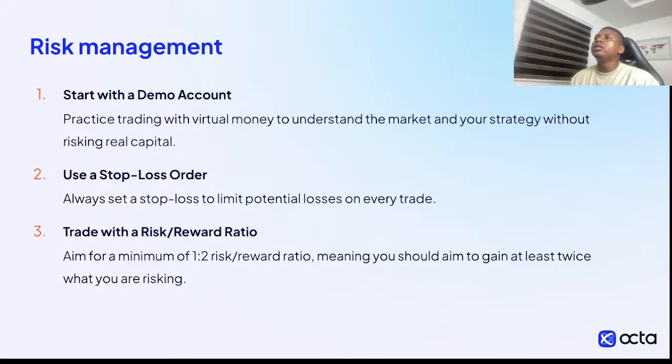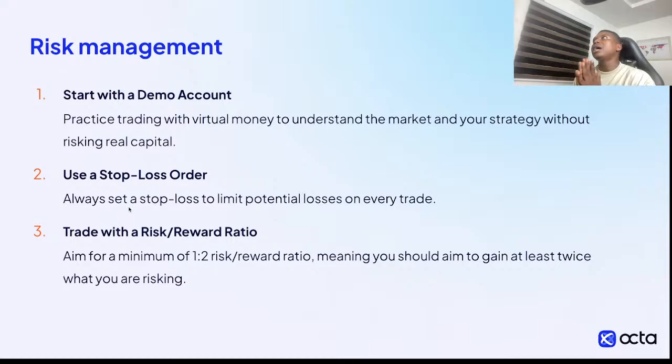For those who already have been in the system and have been following our sessions, you can start with a live account and start trading. So we recommend that if you are a newbie just starting out, you start with a demo account to practice with virtual money, and also learn to use the stop loss order.